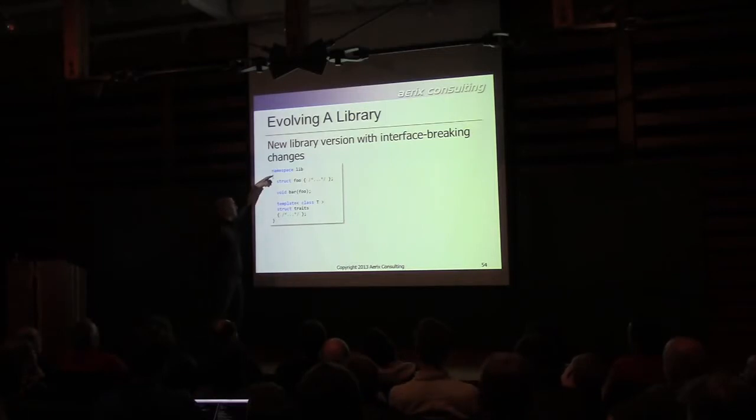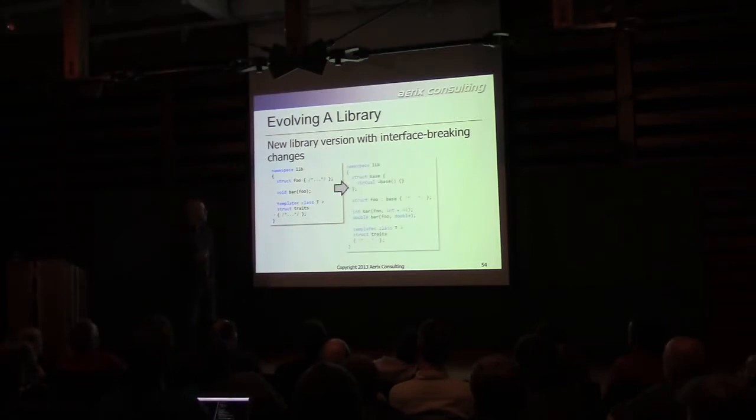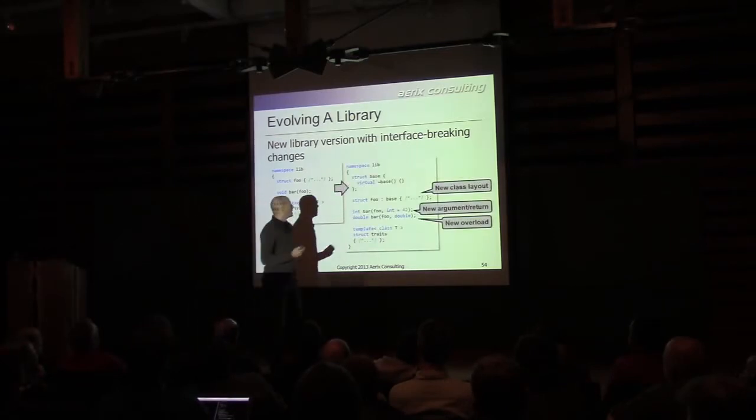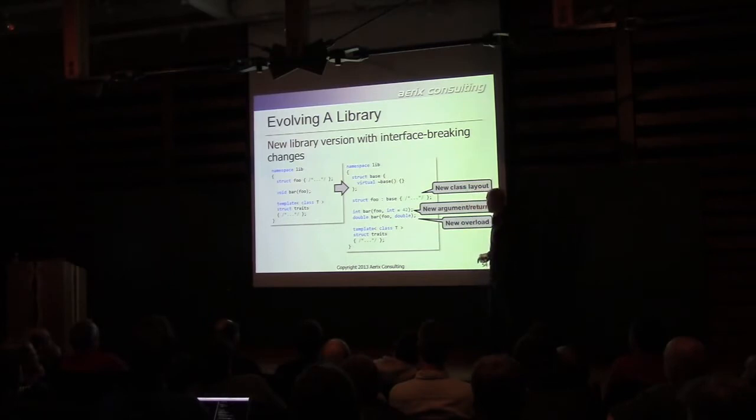Imagine we've got this library, and we were good citizens, so we put it in a namespace, and we've got a type and a function and a template that we intend for users to specialize. Okay, and we want to evolve it to something else. Say I want to change the layout of the foo object, or I want to add a defaulted parameter, or a new overload. How do we deal with this when we're evolving a library?